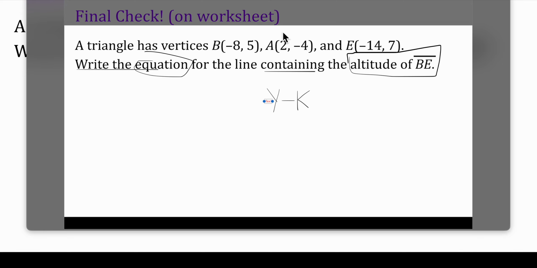Actually, I'll write it like this. Can I make this bigger? I cannot make this bigger.